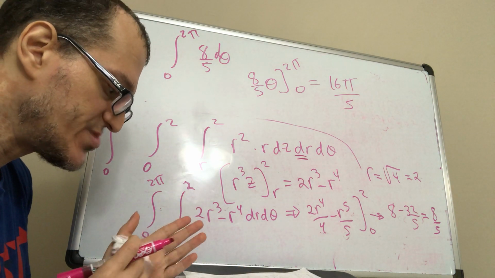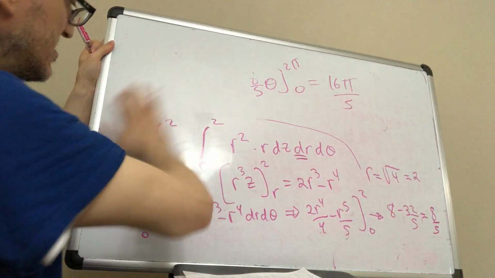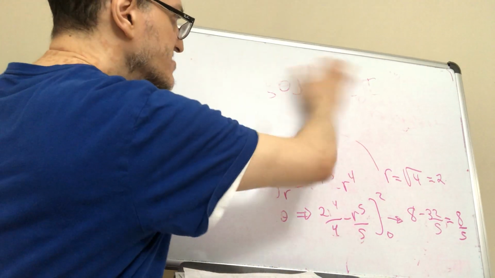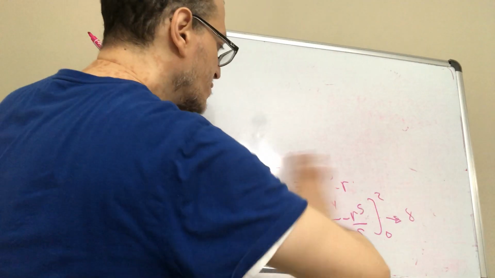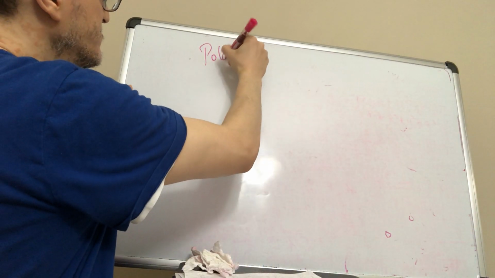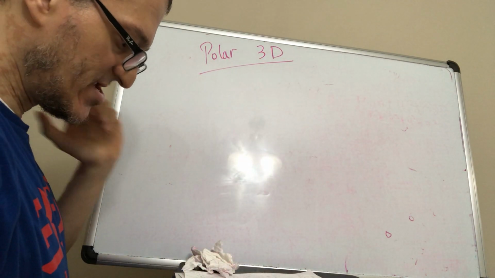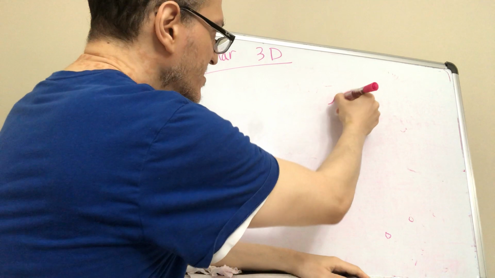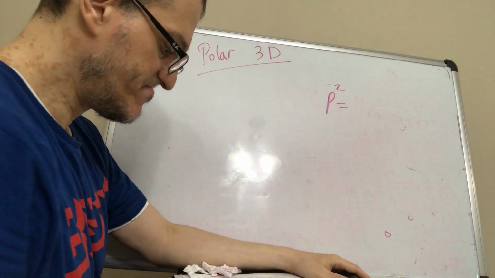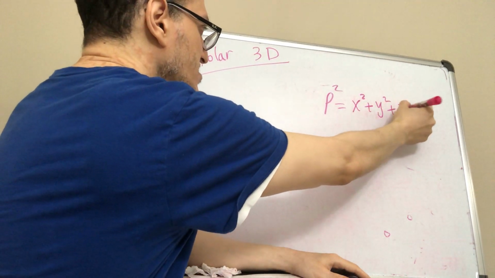There is another switch to polar. I'm hoping that he doesn't ask in the exam. But again, if he does, it's not that bad. It's polar 3D. I'll tell you the equations. Radius would be, they call the radius p, and it's x squared plus y squared plus z squared.